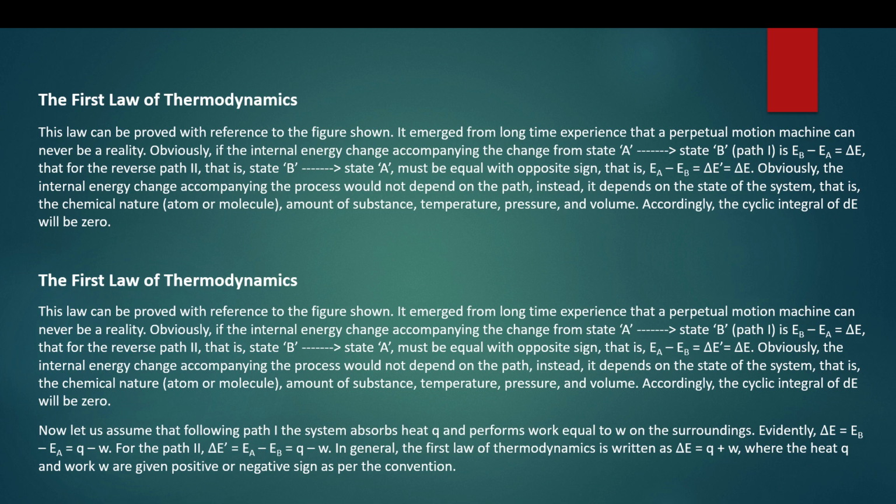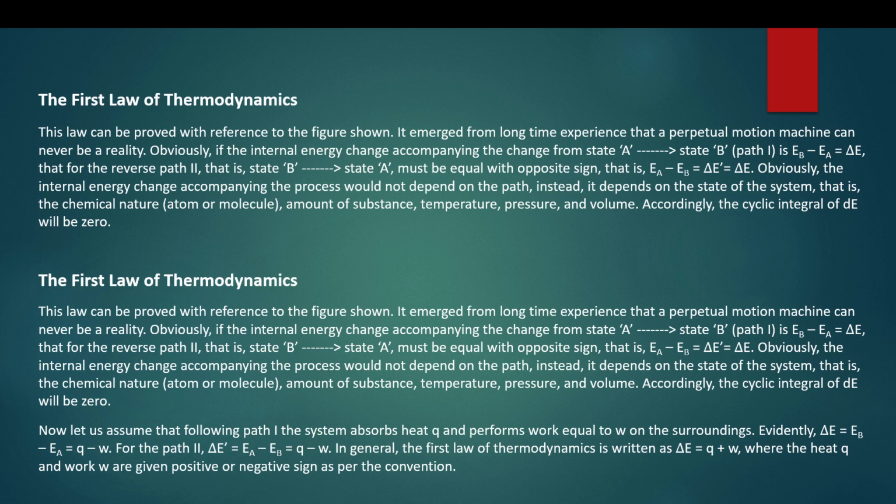The first law can be proved with reference to the figure shown here. Now let us assume that following path first, the system absorbs heat Q and performs work equal to W on the surroundings.